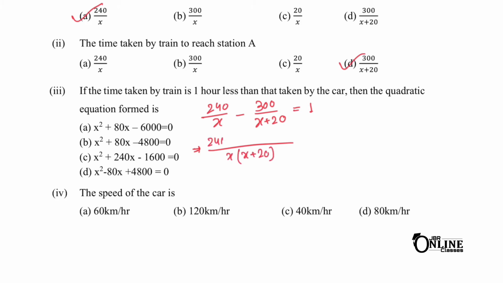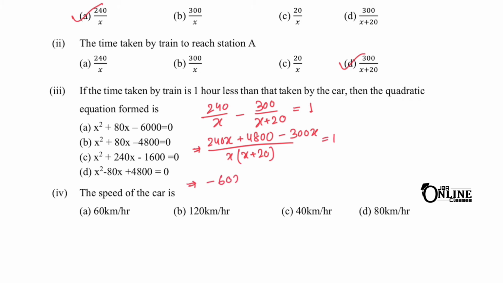So here 240x plus 4800 minus 300x equals 1. So here it's minus 60x plus 4800 equals x square plus 20x. So that implies x square plus 60 plus 20, it's 80x plus 4800, equals 0.